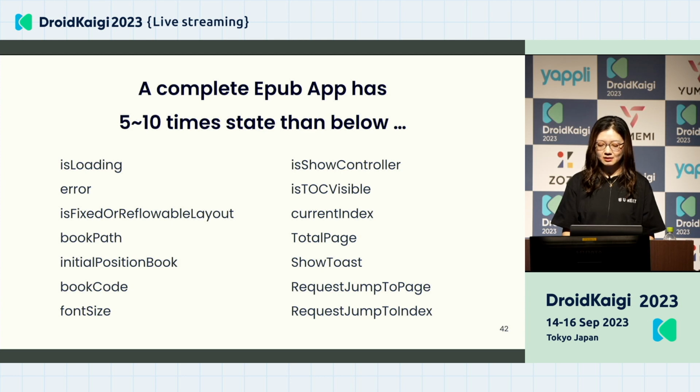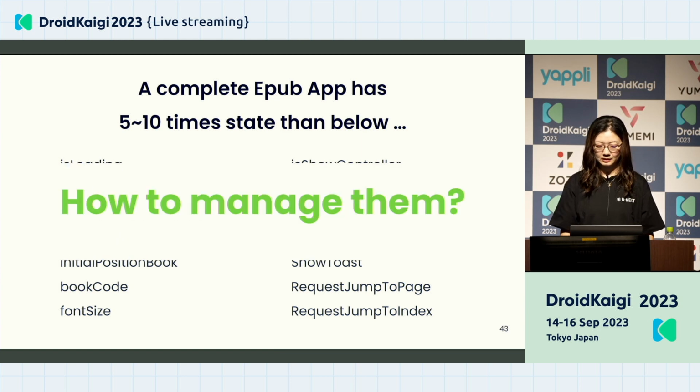However, in the case of a fully functional Epub app, the actual number of states required can be 5 to 10 times greater than what's listed here. So the question is, how to manage the state in a good way.